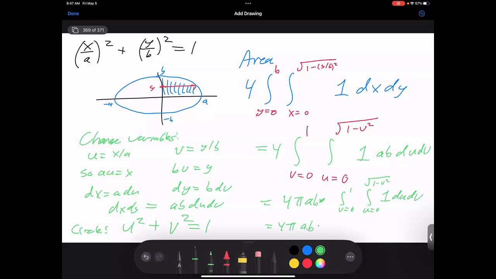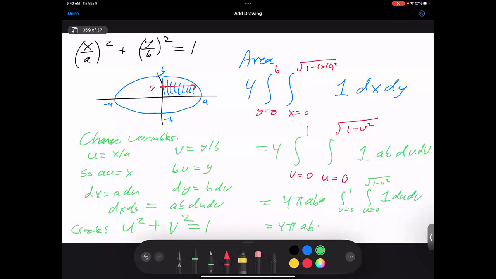Can anybody tell me what that double integral is? Not 0, since we're integrating the function 1, it should be something positive. Geometrically, what's my region? A circle. I'm integrating over a circle. v goes from 0 to 1, u goes from 0 to the square root of 1 minus v squared.